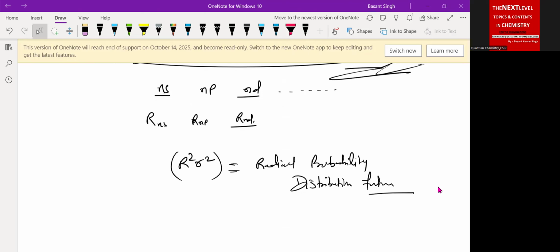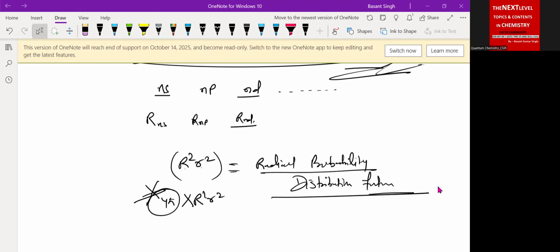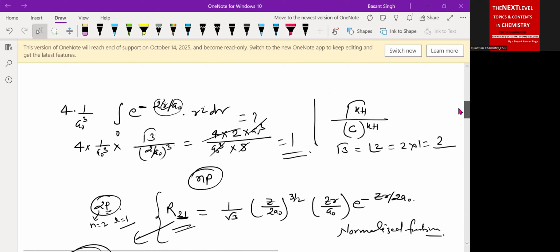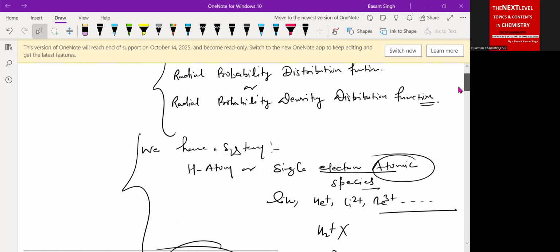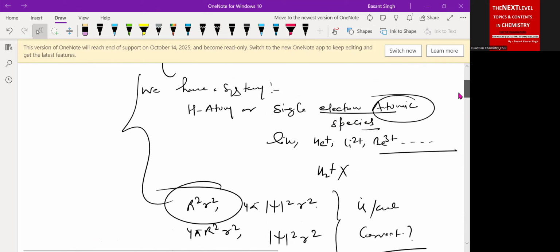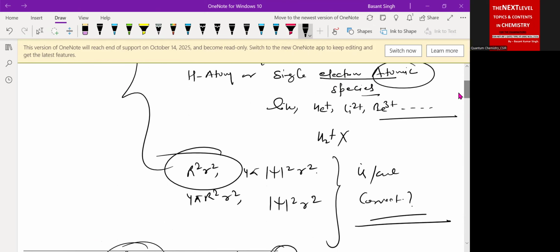So for r square, no need of 4 pi. This is extra term. Hence, radial probability distribution function is r square. It is clear that one function I have taken here, that is r square, it defines the radial distribution function.